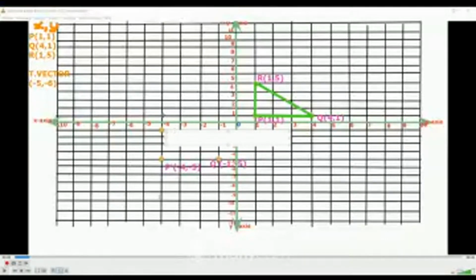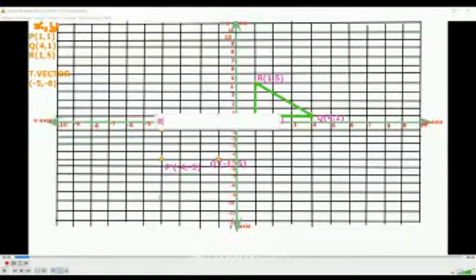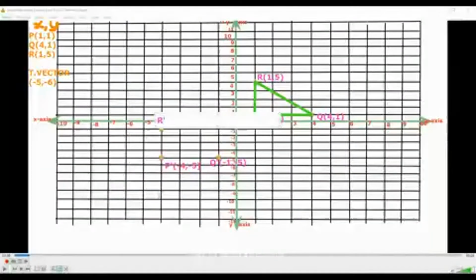So here the image will be R prime, formed by -4 and then 1. So that is the R prime here.